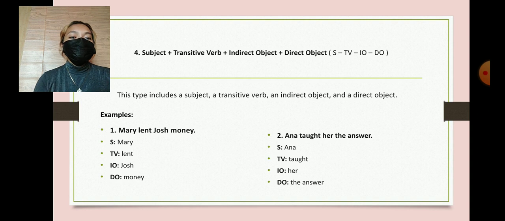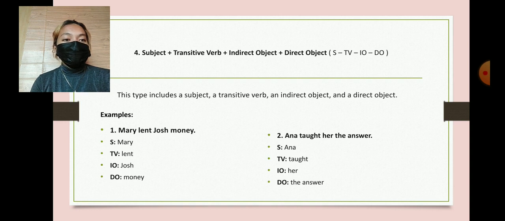So the direct object answers the question what and who, while, as I've said earlier, the indirect object answers the question to whom, to what, for what, and for whom. This simply refers to the one that benefits from the action.